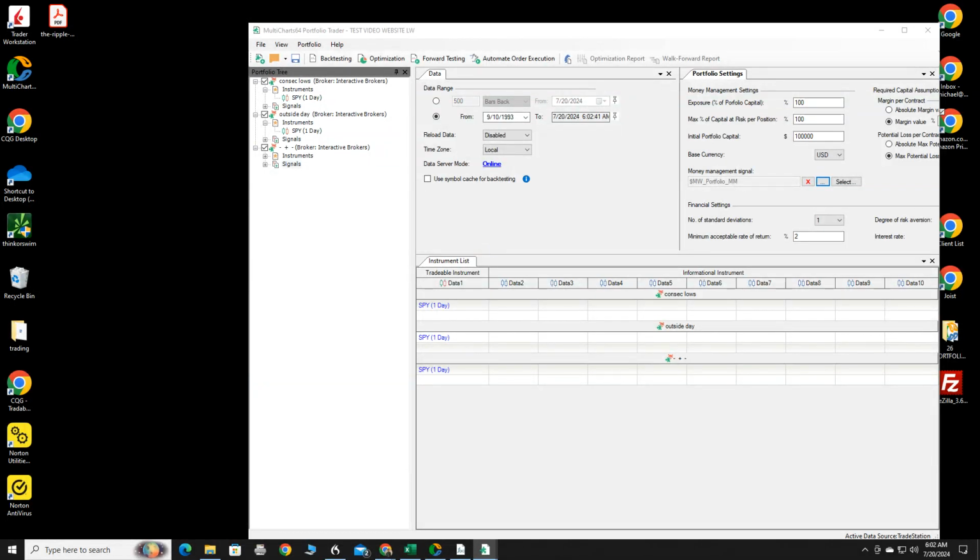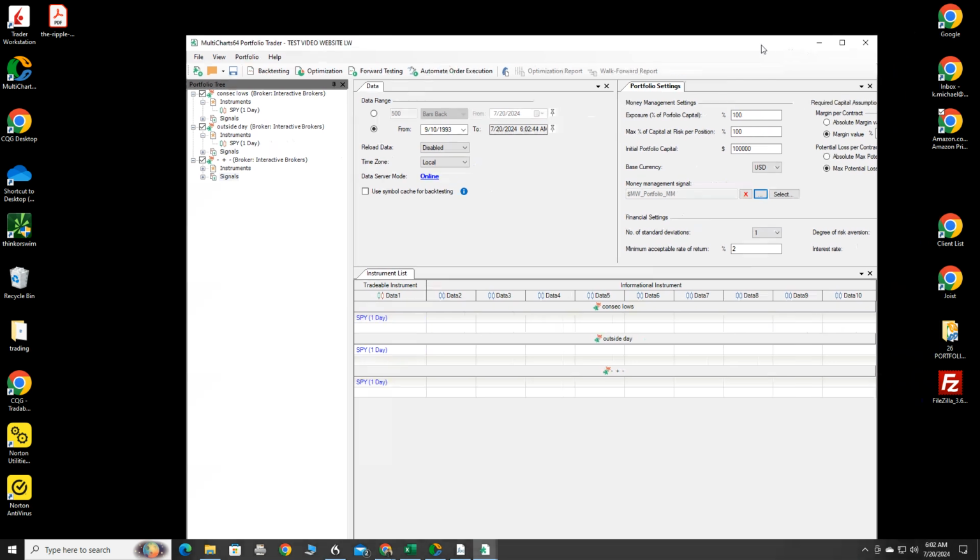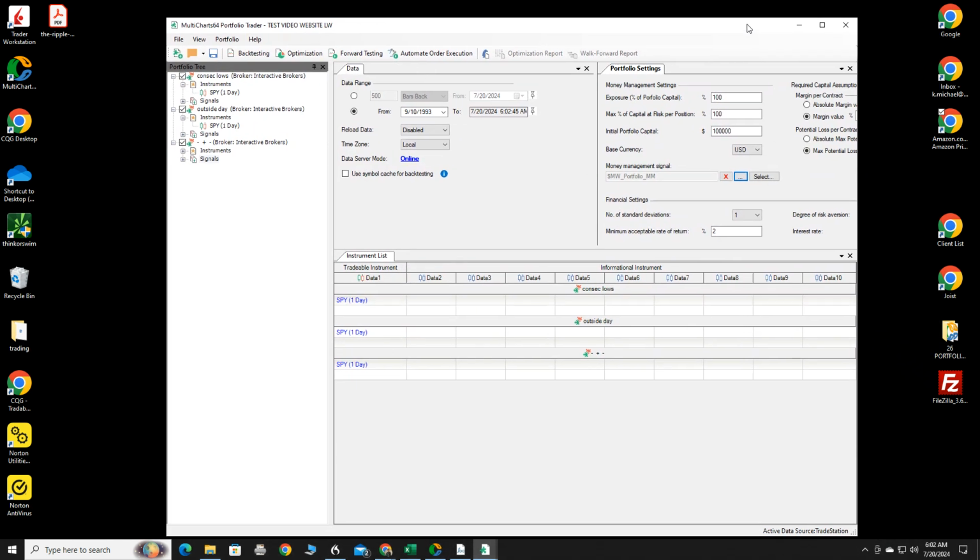Okay, let's see what happens if we add a little portfolio money management. Not strategy, but portfolio management only, just to see the power of that as applied to the portfolio. Larry Williams' slow grind is based on the fact that you will wait for X number of losing trades before it increases position size.